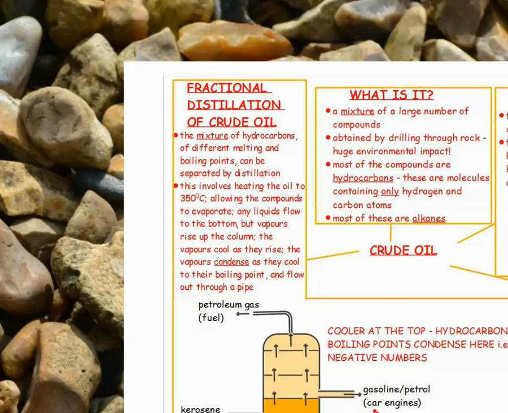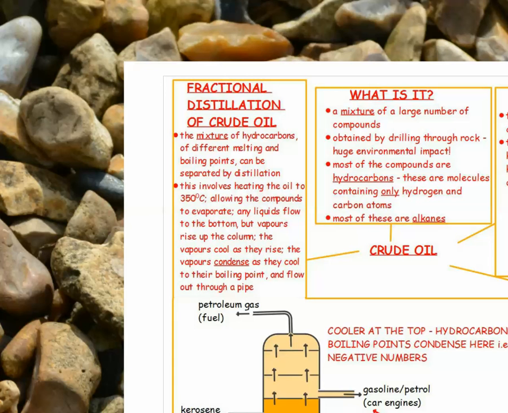Fractional distillation of crude oil. This is how we separate crude oil into the different hydrocarbons. It's a mixture of hydrocarbons, which means that these substances have different melting and boiling points. So we can separate them by distillation. This involves heating the oil to 350 degrees, allowing the compounds to evaporate.